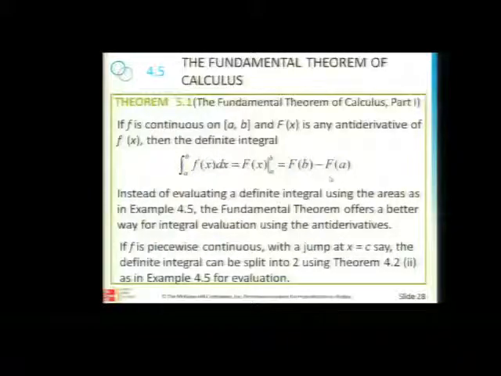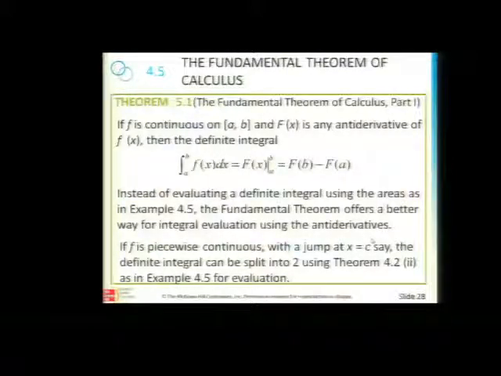And this is called the fundamental theorem of calculus. Without that, we are in trouble. We can't use area all the time, can we? We can't. So this will give us a very simple way to evaluate a definite integral, making use of the antiderivatives.